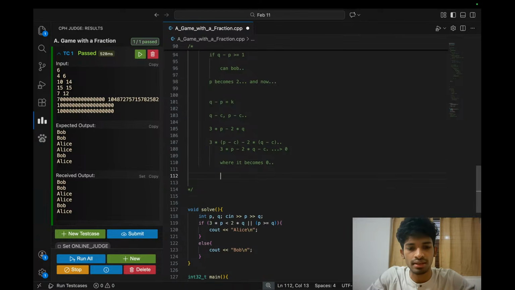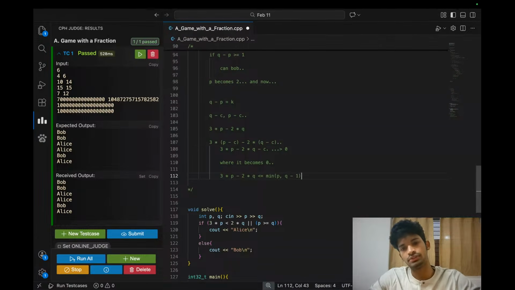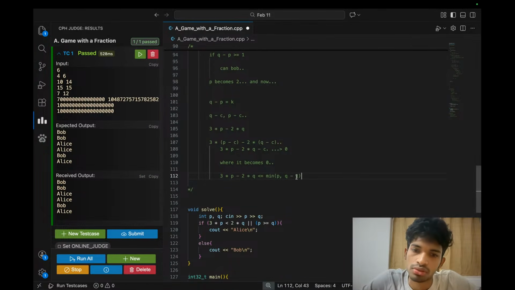So if 3 times P minus 2 times Q is less than or equal to the minimum of P comma Q minus 1, these many moves you can do without losing.